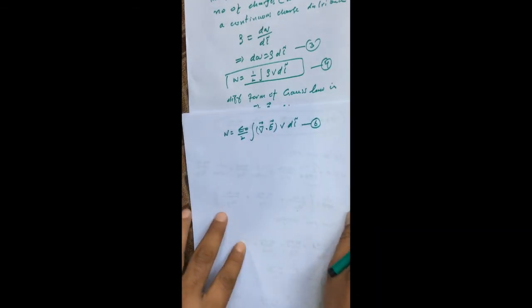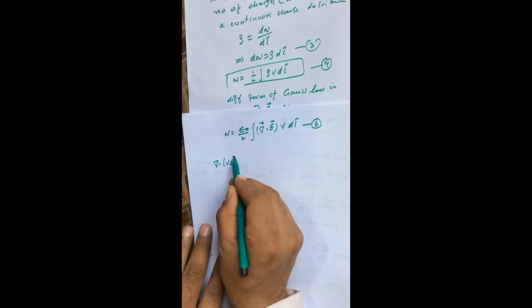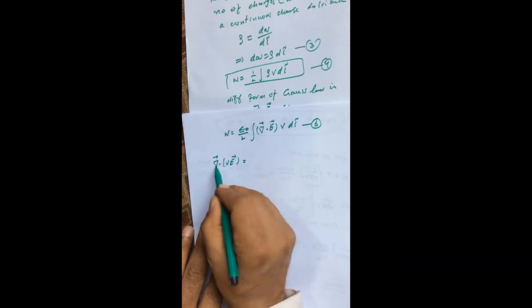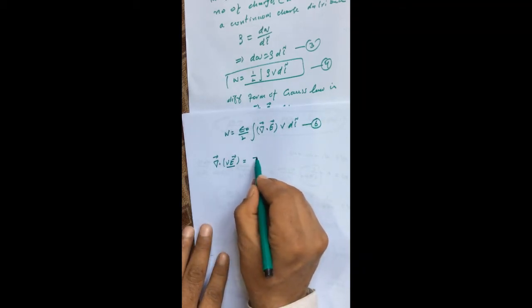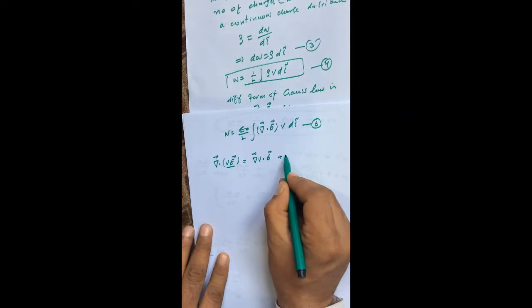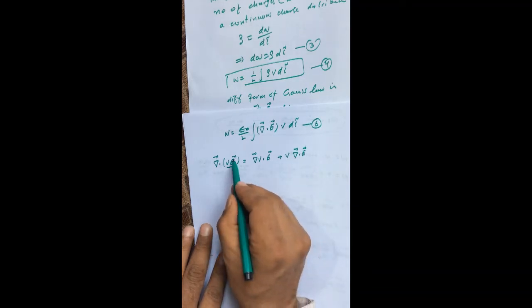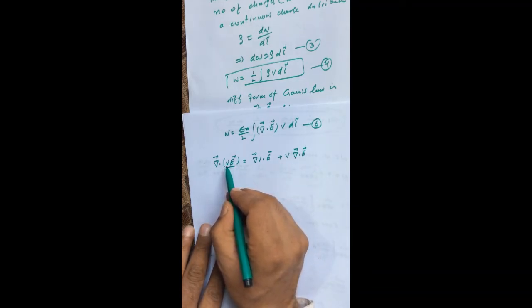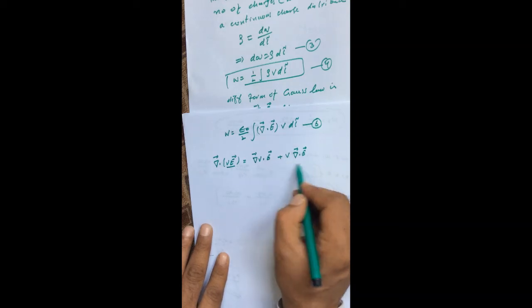Now we know that del dot V into E, where del is just a differential derivative operator, operating on this quantity gives del V dot E plus V into del dot E. Because E is a vector quantity and V is a scalar, the scalar will be multiplied like a normal number with this quantity.